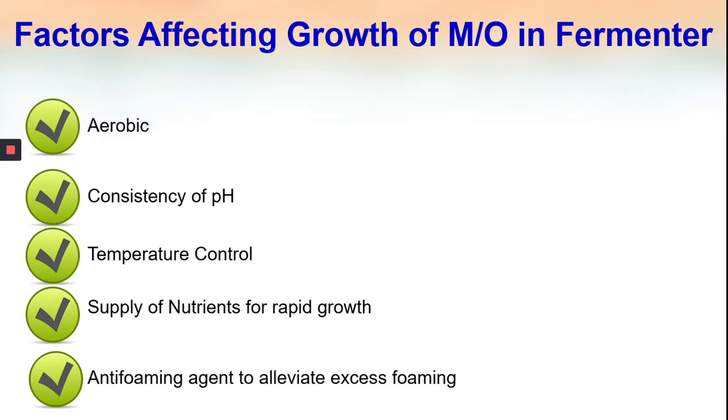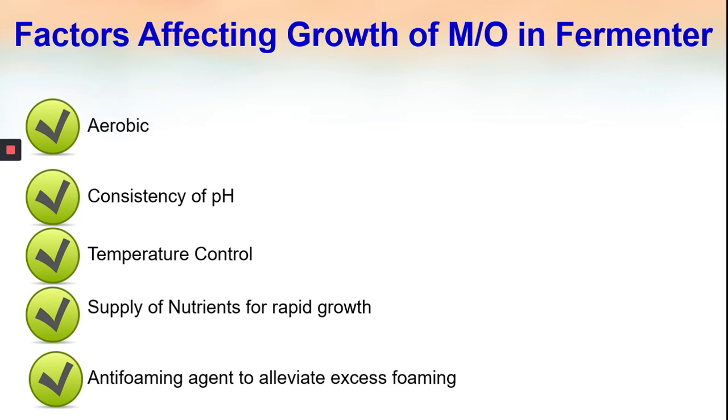And the last one is the anti-foaming agent to alleviate excess foaming. Mainly during the fermentation, industry or the manufacturer or producer will add the anti-foaming agent inside the fermenter tank to avoid over bubbly formation from the agitation or from the distribution of the medium.